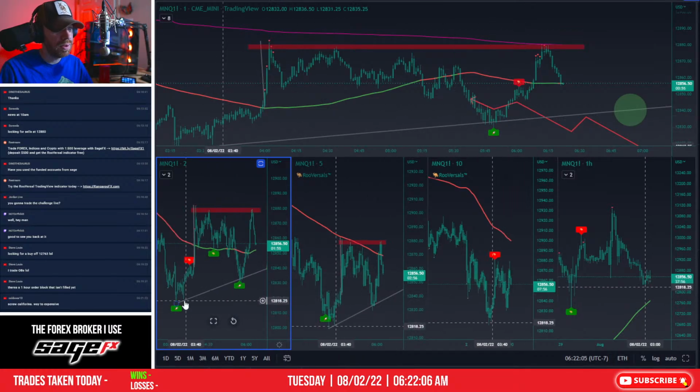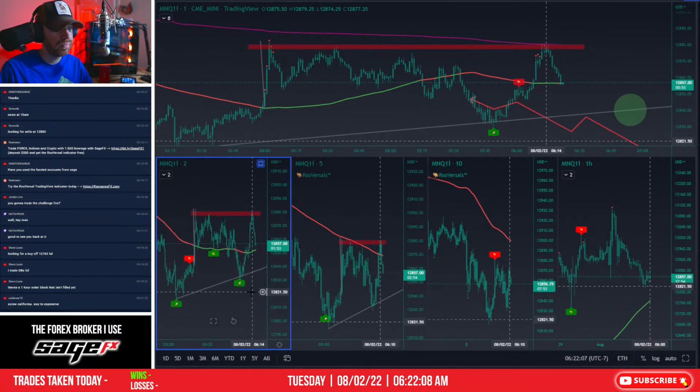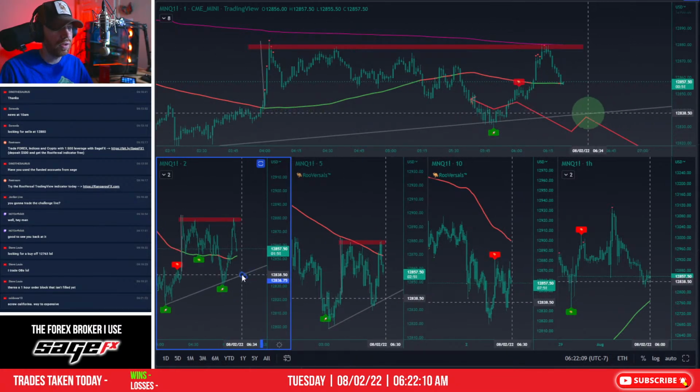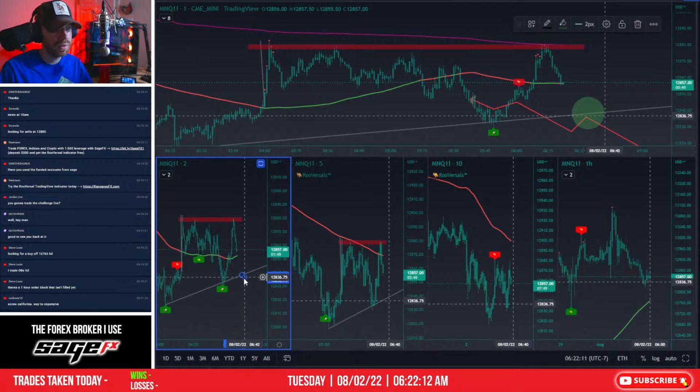Moment of truth is going to be just this trend line down here. Is it going to hold or is it going to break?